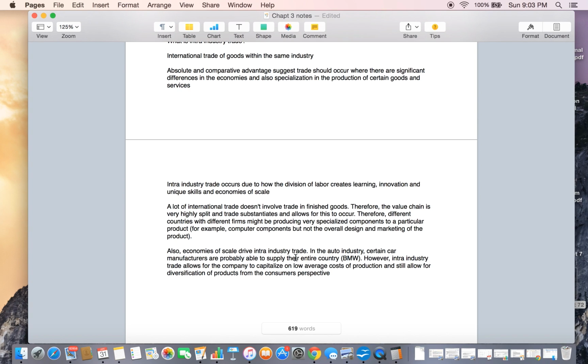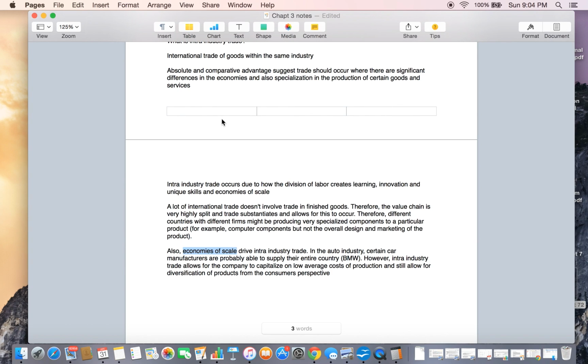The idea being that they could actually supply their entire country with all the cars that they need. However, there exists a way for them to sell to their own domestic market and then sell to other markets, and this provides diverse products for consumers while still allowing them to produce a large quantity and benefit from the lower average costs in an economies of scale model.